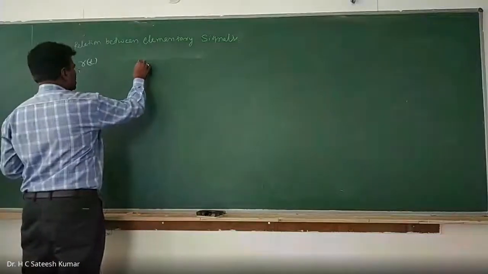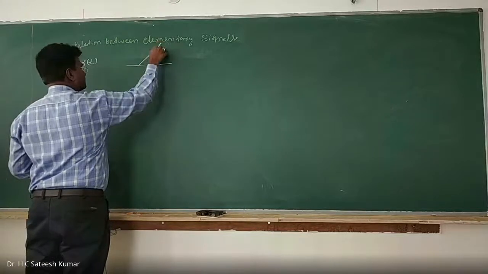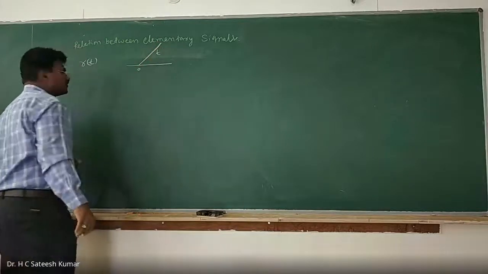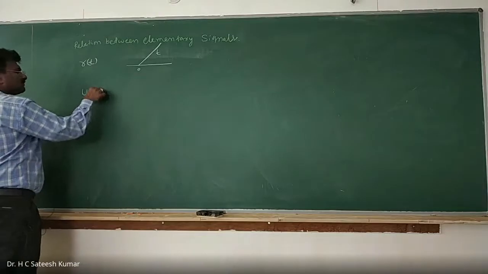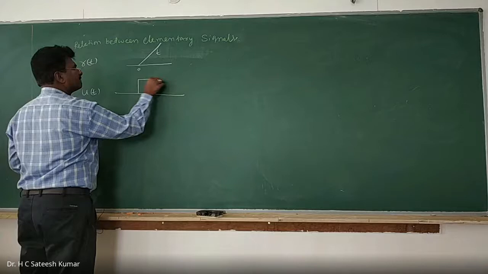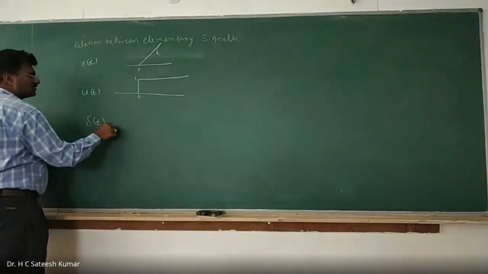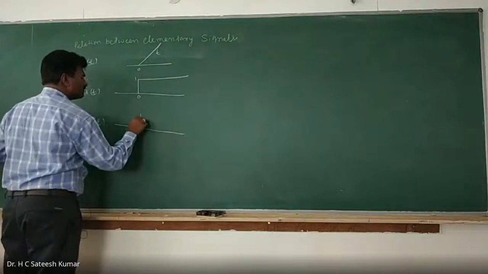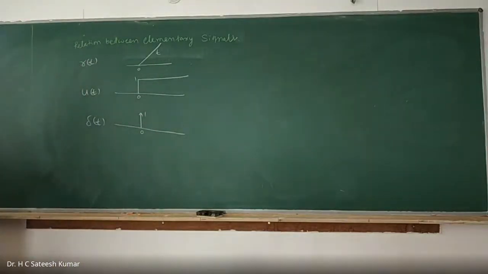R of t is something like this, starting from 0. Slope is 1. Next is U of t. This will be like this, starting from 0 up to infinity 1. Next is delta of t. At 0, its value is 1. Okay, right. Now, what is the relation between these?